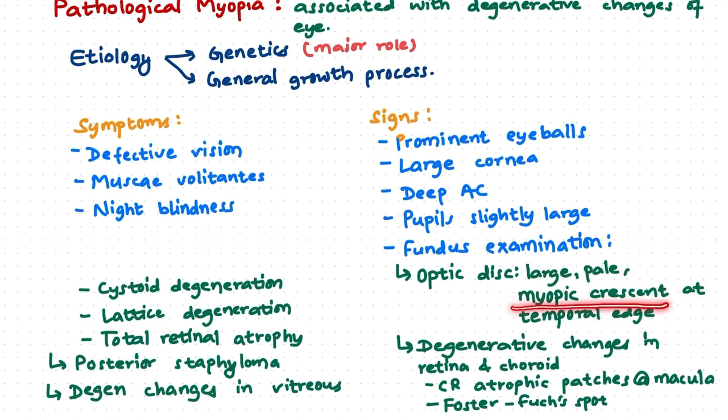Myopic crescent at temporal edge, optic disc large and pale, and degenerative changes in the retina and choroid can be there, like chorioretinal atrophic patches at macula, Fuchs spots, right? Cystoid degeneration, lattice degeneration, total retinal atrophy, posterior staphyloma, and in the vitreous also there can be some degenerative changes.